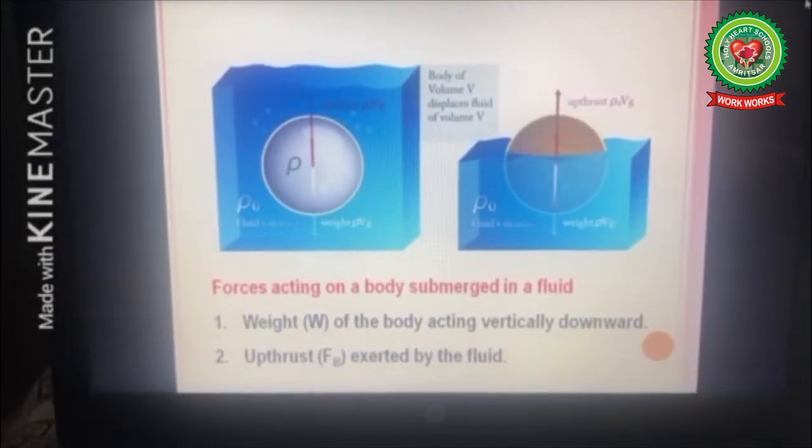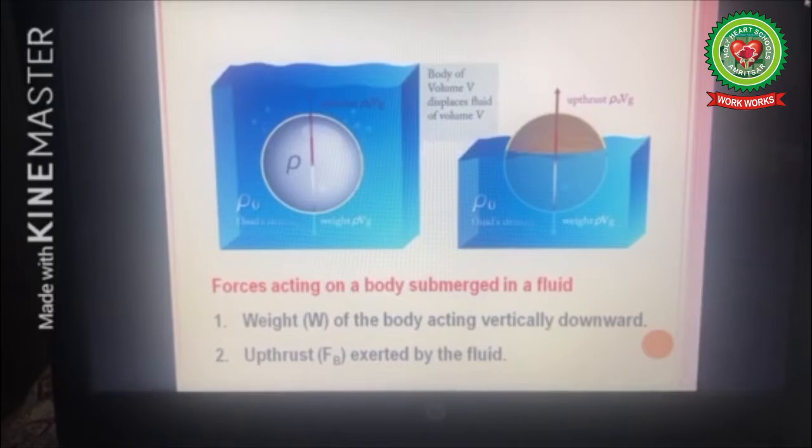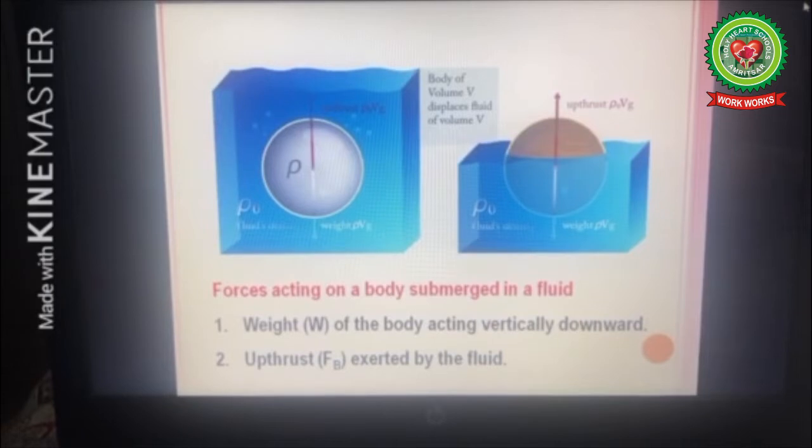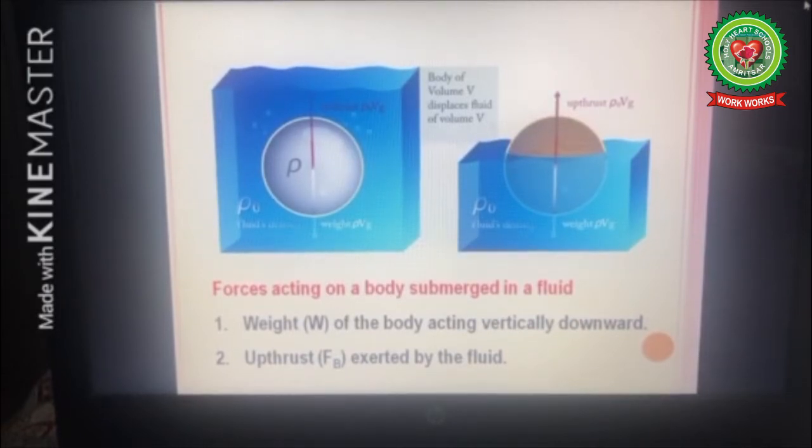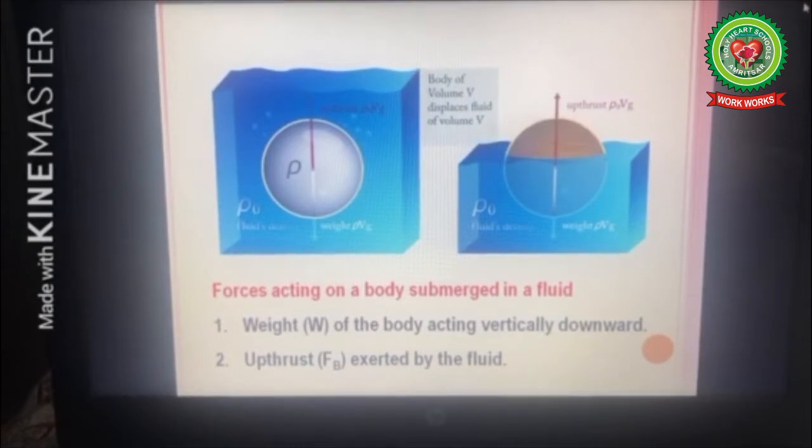The example which we have discussed shows that there are some forces which act on a body which is submerged in a fluid. The forces which act on a body when it is submerged in a fluid are: first, the weight of the body, which acts vertically downward, as we all know.